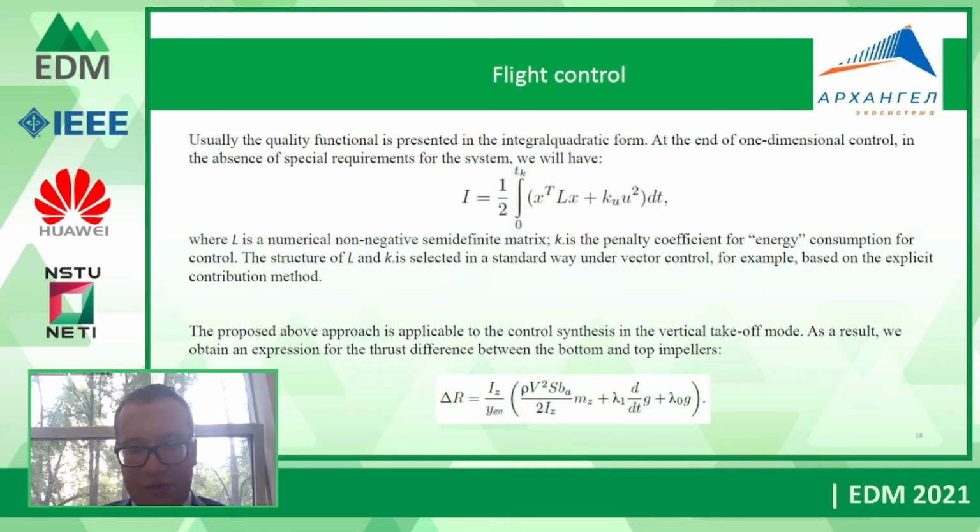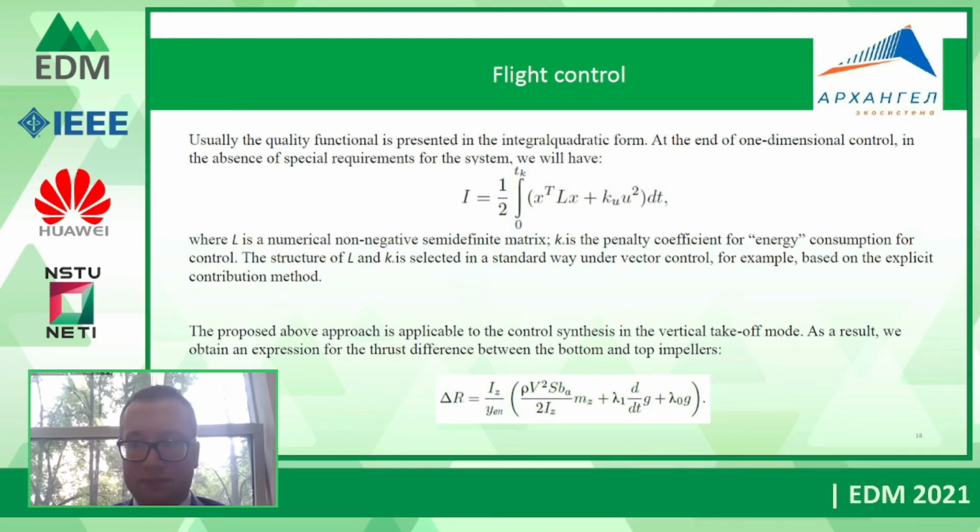This formula shows the thrust difference between the bottom and top impellers. So we control the movement in one dimension with the difference of thrust from bottom and top impellers.